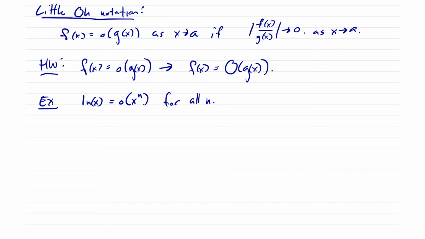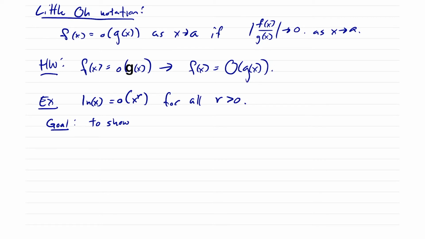All right, so let's go ahead and take a look at that. Our goal is to show, and we can even take it up a notch, that it is little o of x to the r for all r greater than 0. So not just integers, but any power of x.